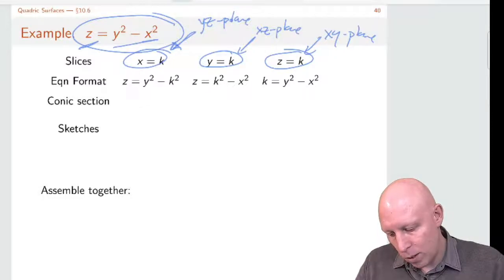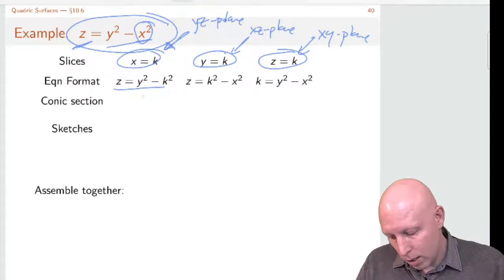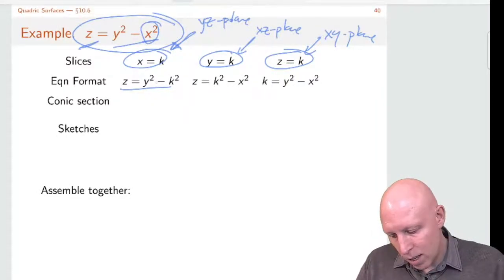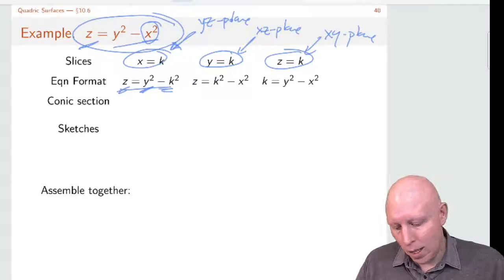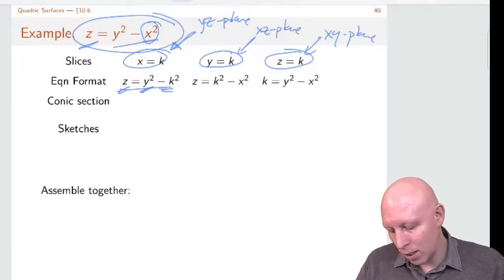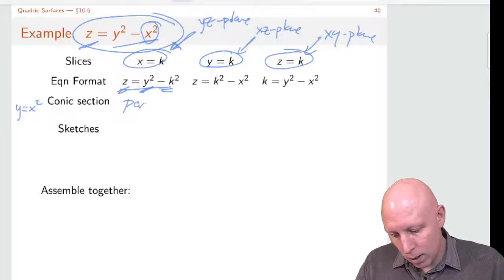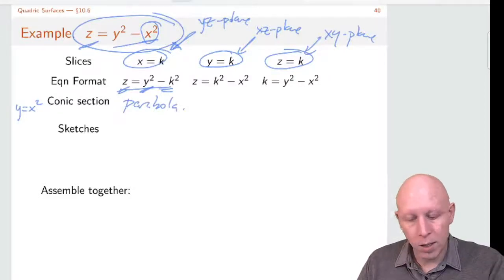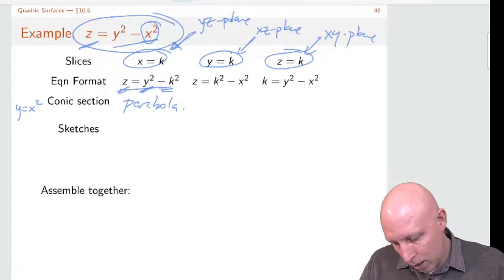If we substitute x is equal to k here, we get z is equal to y squared minus k squared. As a conic section, we get z is equal to y squared minus a constant. What conic section is that? Something that looks like y is equal to x squared. That's a parabola. What do the sketches of that look like?